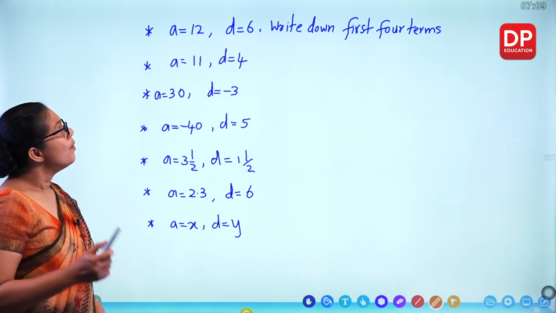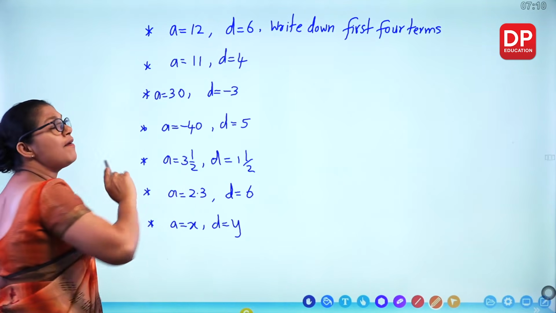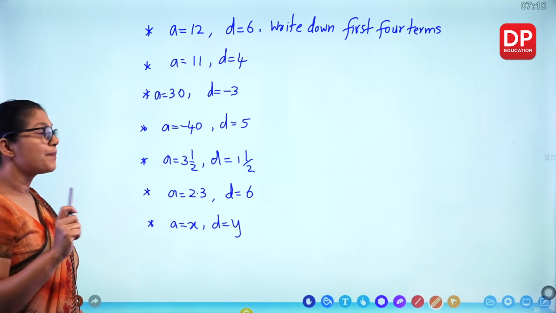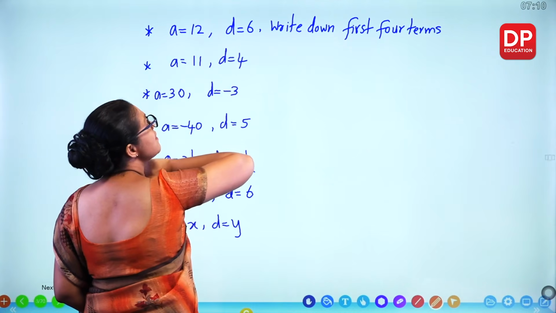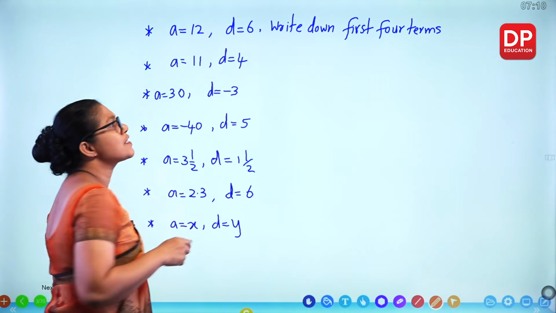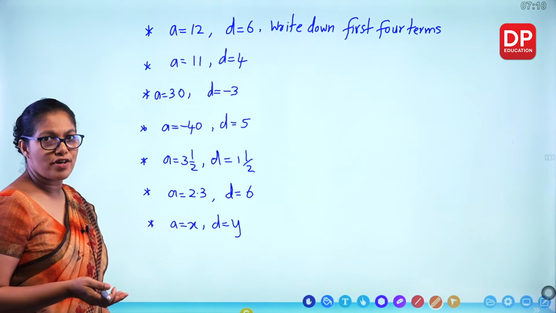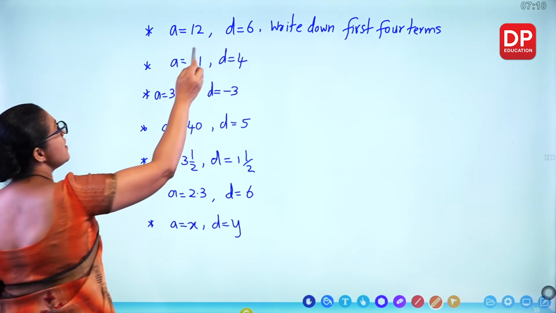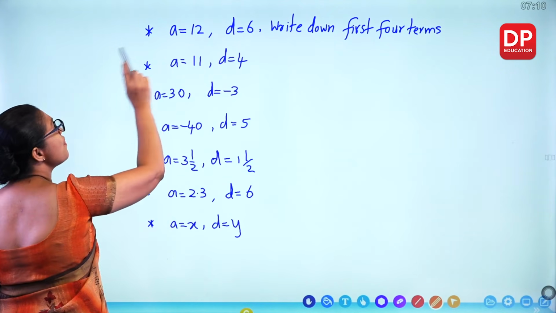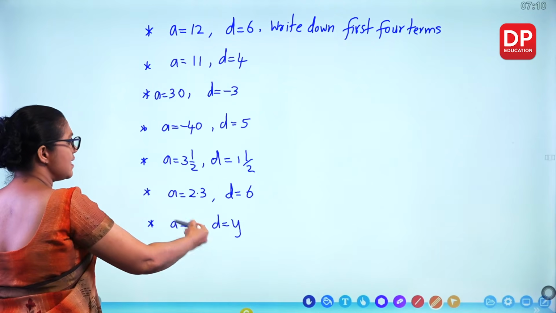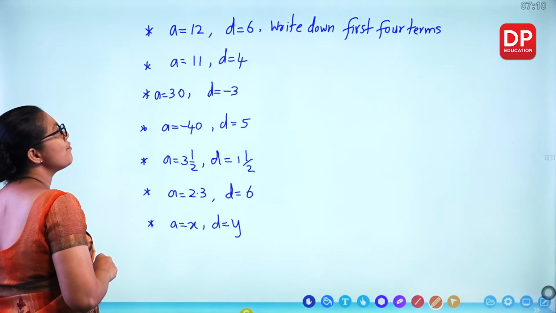Now here a we take as the first term and d is the common difference. Write down the first 4 terms. So these all are arithmetic progression questions, and you are given the common difference and the first term. Here a means the first term. How can we find out?